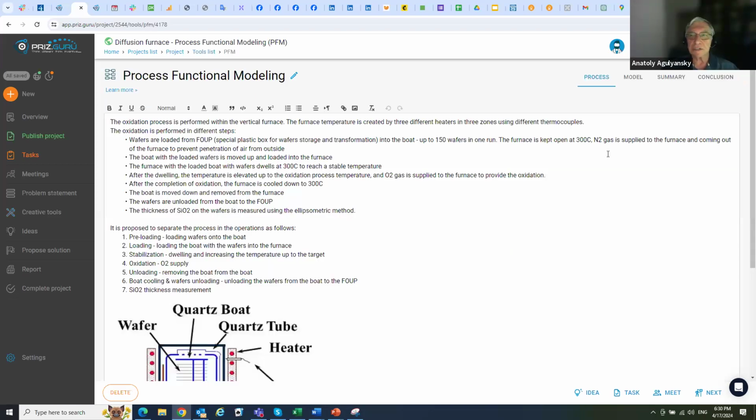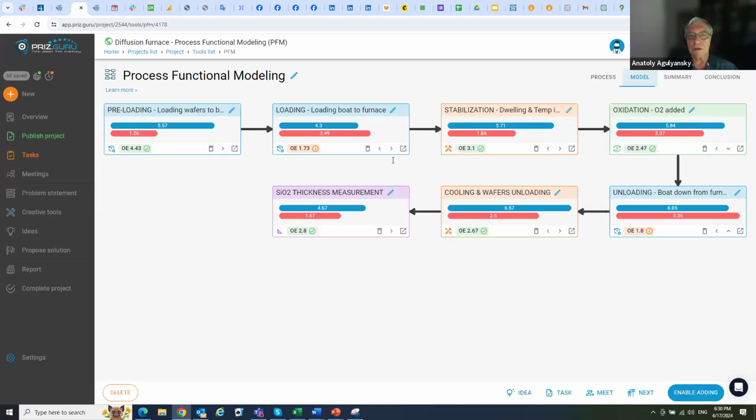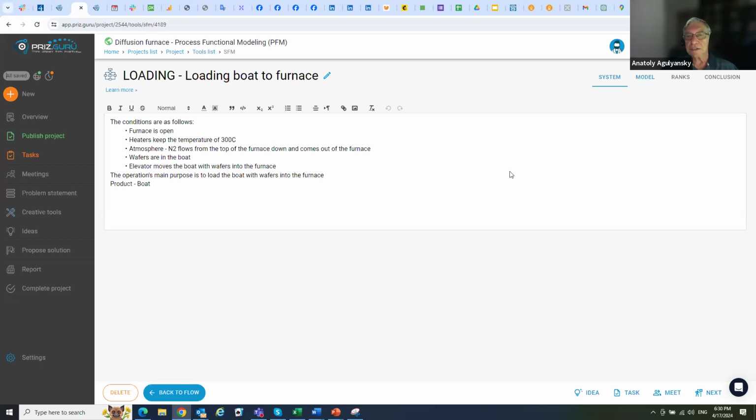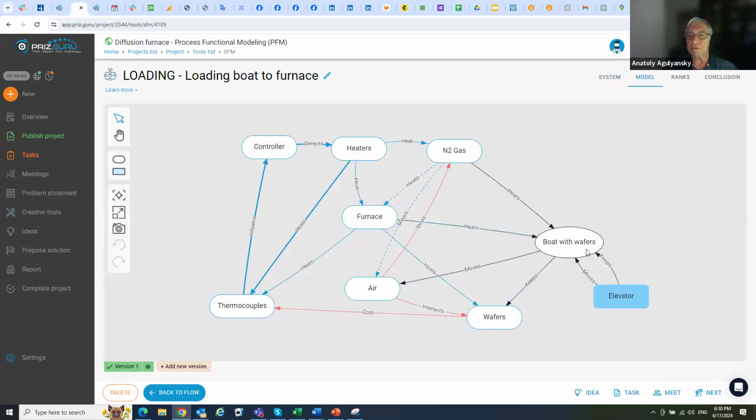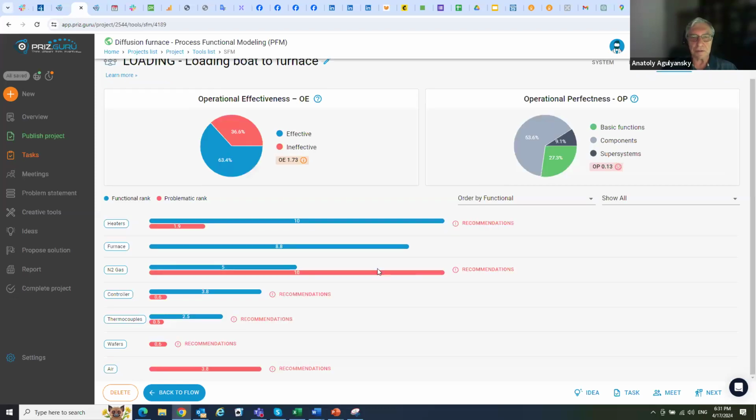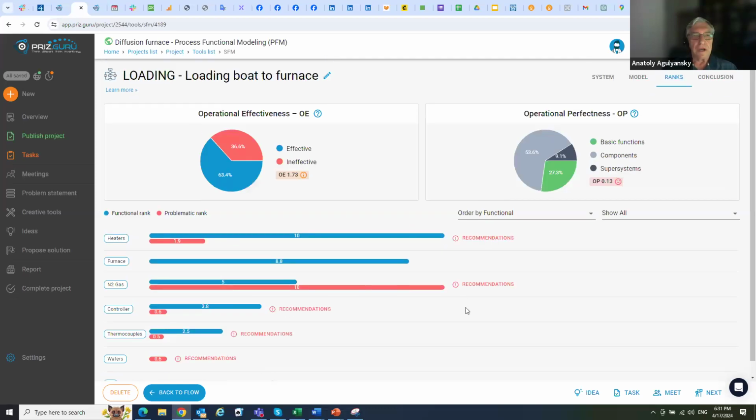So this is the explanation. This is the flow, and for each operation, why it makes sense, because for each operation there is a different product and different components, and for each one we can have a look at the ranking, and we can improve it.